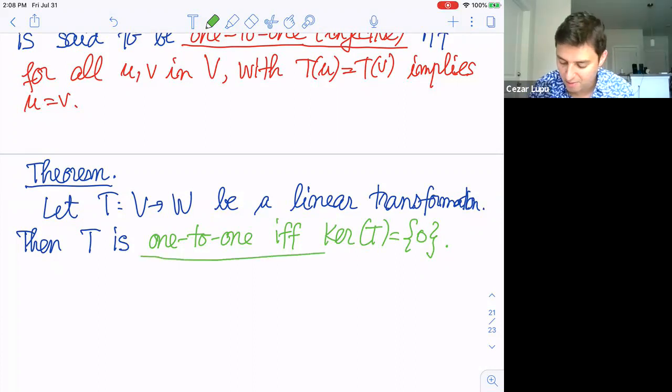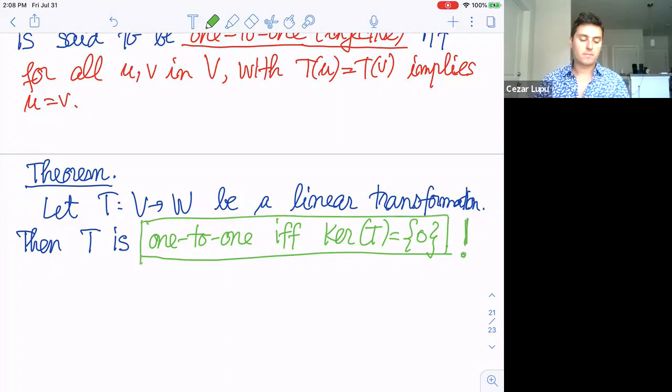That's what you need to know, and we will use this in applications. Keep this in mind. This is a very important theorem. Like I said, you will see that this will be used in applications.